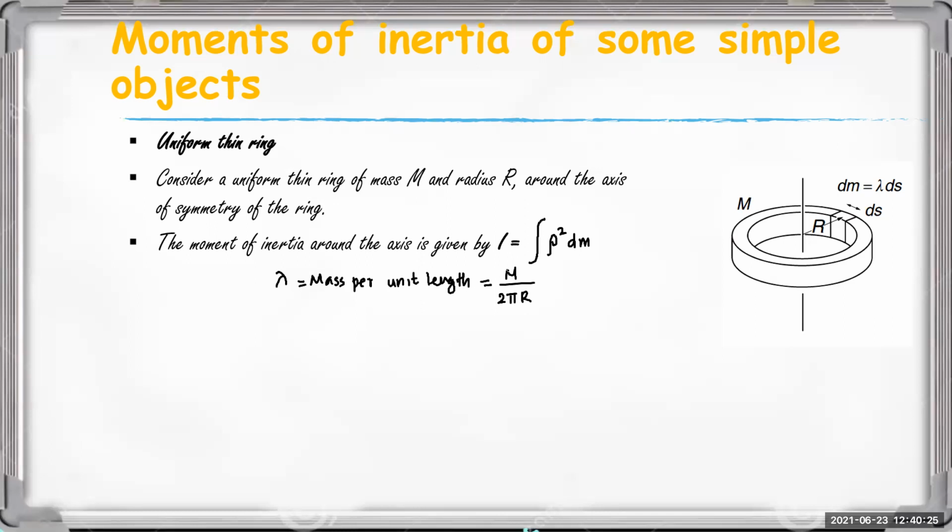So lambda is equal to m divided by 2 pi r, and then what will be the differential mass element dm?